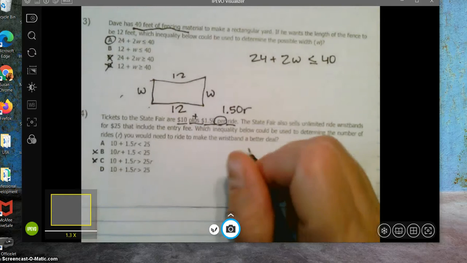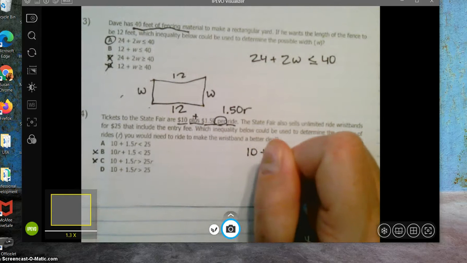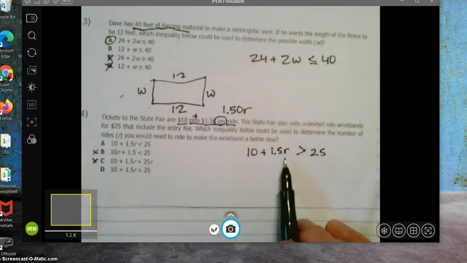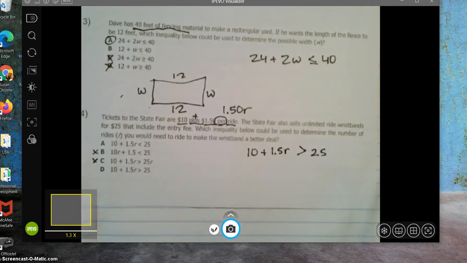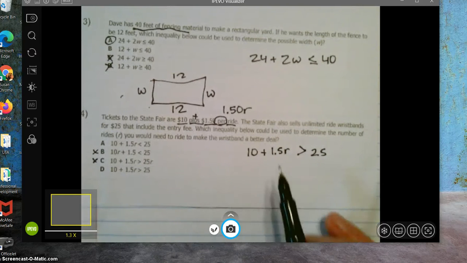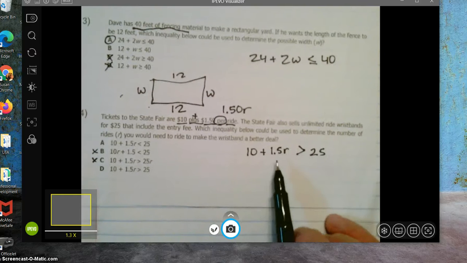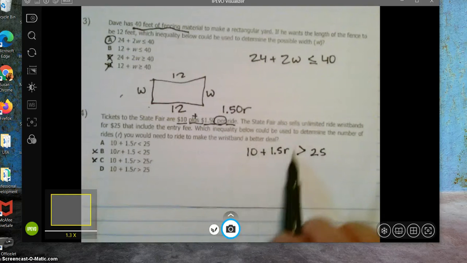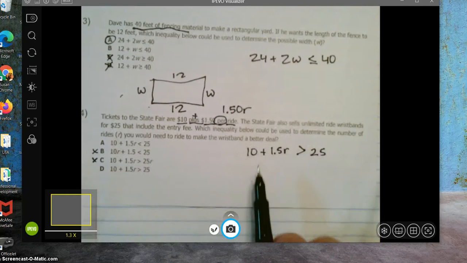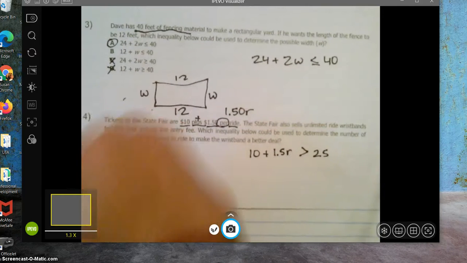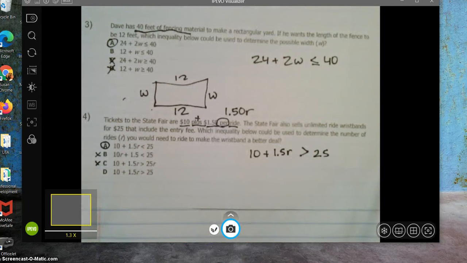So that would mean $10 plus $1.50 per ride. Okay? So this would be having to figure out how many rides there are. So I want this number to be less. So meaning like lots of rides over here. If I go on a lot of rides, that would make this more expensive than this $25 was the better buy. So that's going to end up being A. Okay? So I want you to think about that a little bit. Go back and kind of rethink what we're talking about.